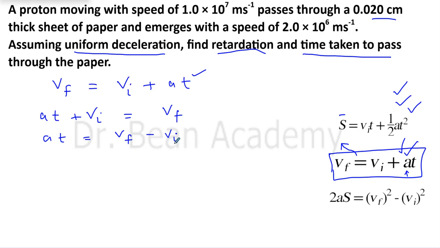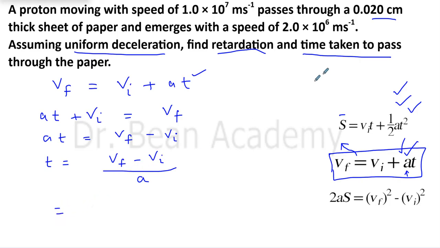I am subtracting Vi from both sides of the equation, and then t, the time we want to find, is equal to Vf minus Vi over acceleration.